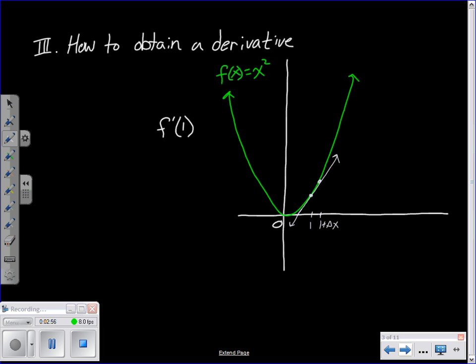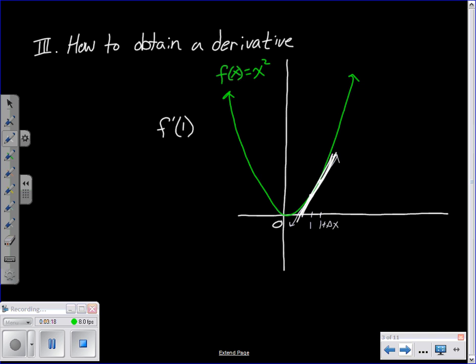So I'll call it 1 plus a small change in x. And as this small change in x gets smaller and smaller, the closer my line ends up to the point 1. I'm going to get points like this, and then this, and they're going to get closer and closer until I have exactly the slope of my tangent line.